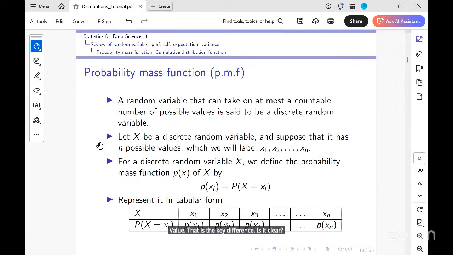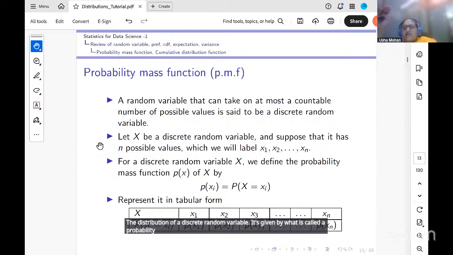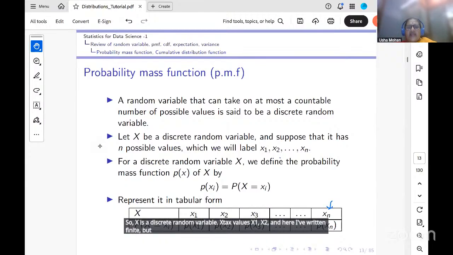Yes, ma'am. So when I talk about a discrete random variable, the distribution of a discrete random variable is given by what is called a probability mass function. So X is a discrete random variable. X takes values x1, x2, and so on. Here I've written finite, but it could take any number of values.